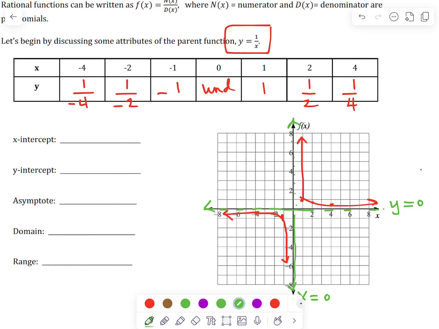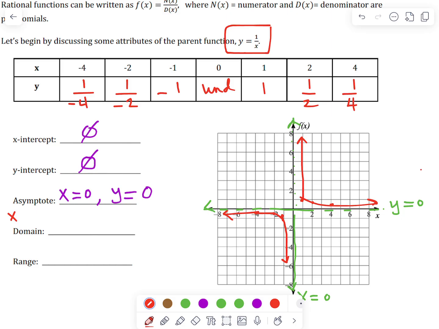So let's go ahead and answer the questions off to the right. There are no x-intercepts, no y-intercepts. The asymptotes are at x equals 0 and y equals 0. And then there are our domain restrictions. Domain is your x. What can x not be? It's everything but that green vertical line.